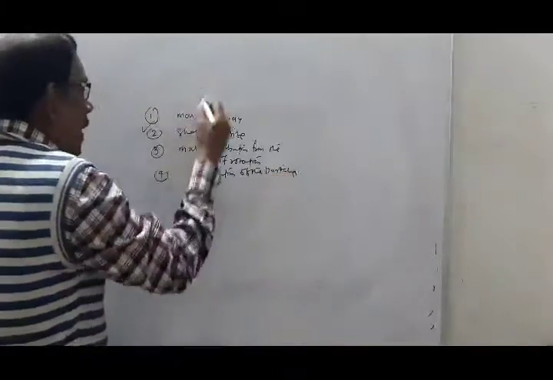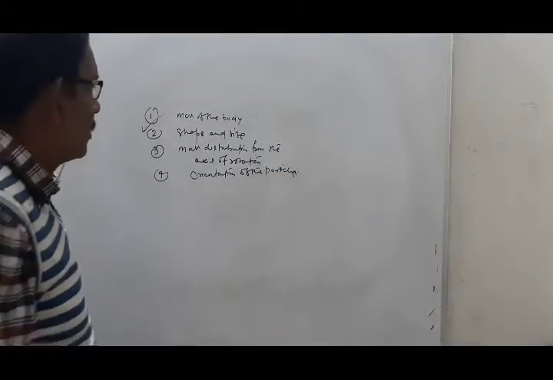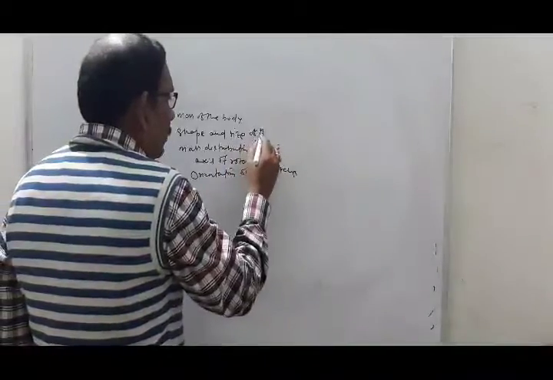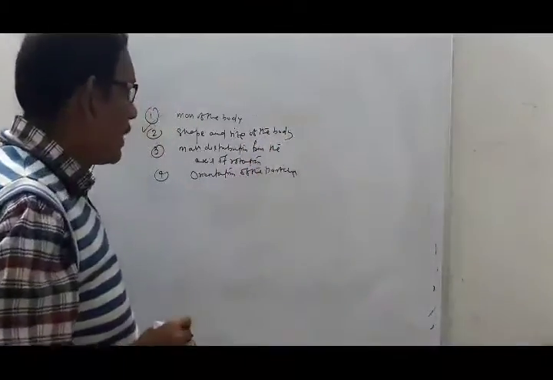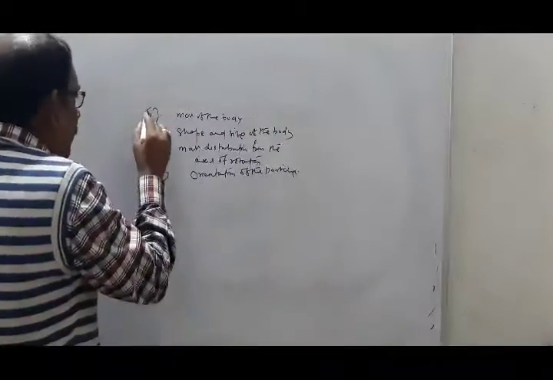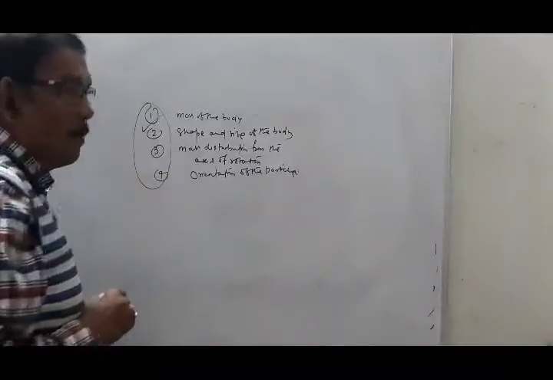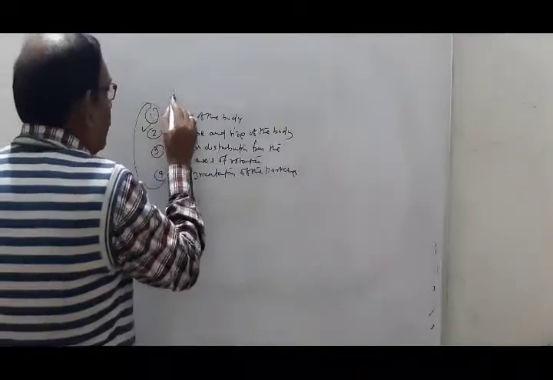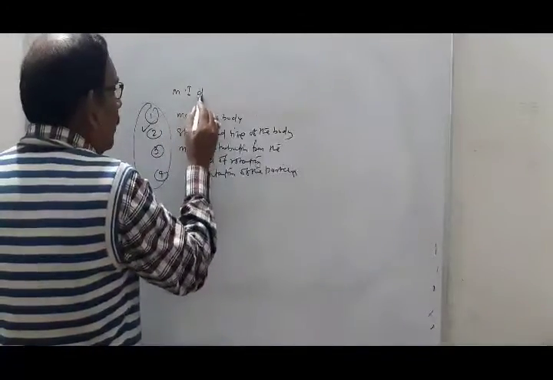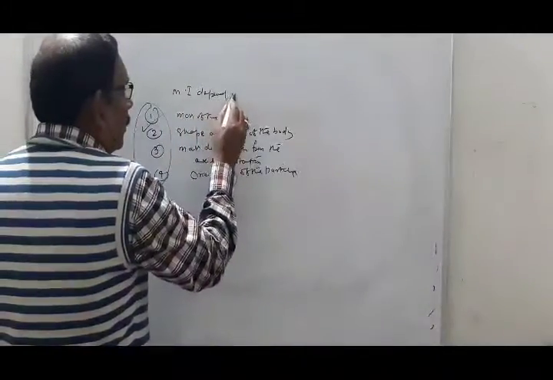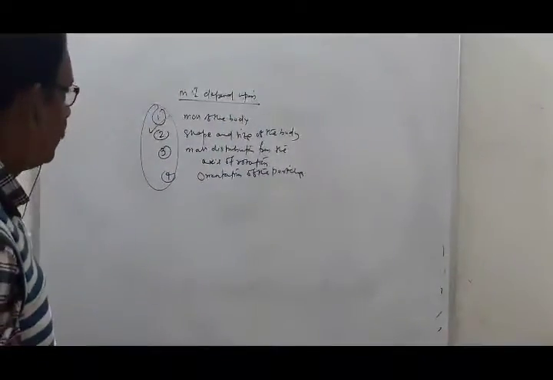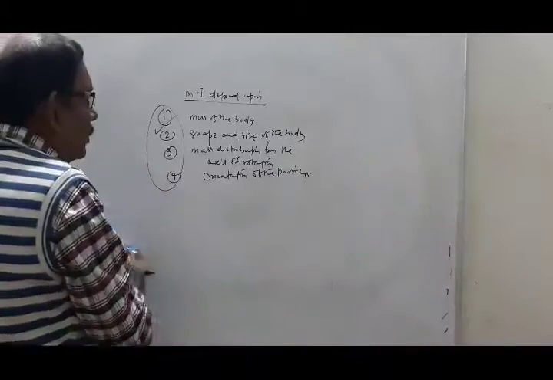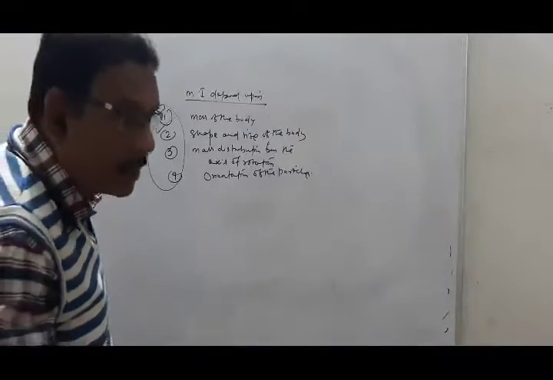So the mass of the body, shape and size of the body, and mass distribution from the axis of rotation are the points on which the moment of inertia depends. So this is all about the moment of inertia.